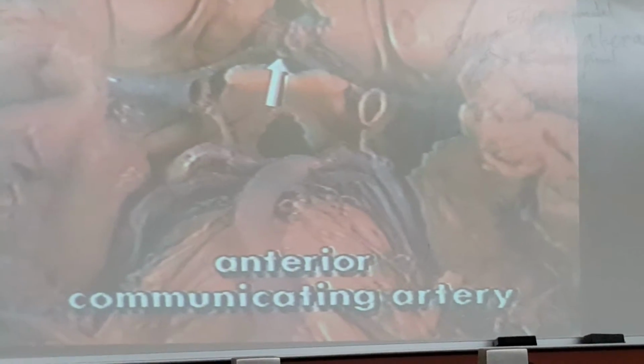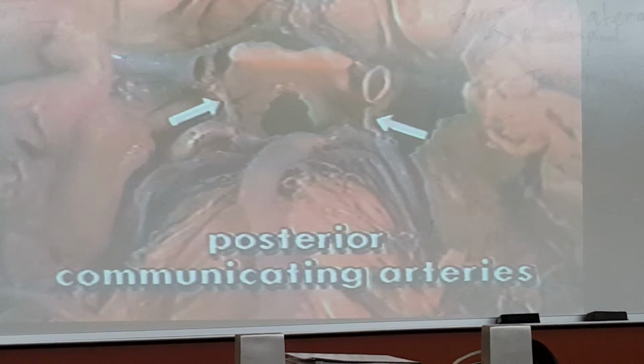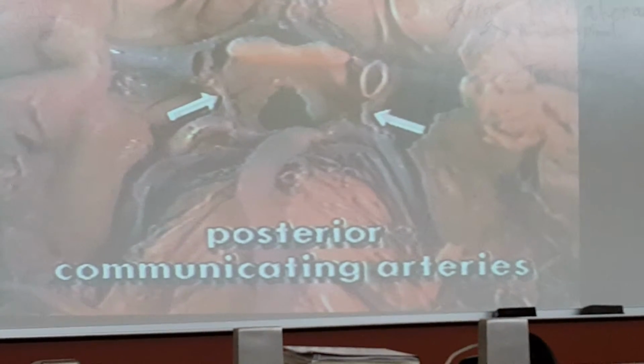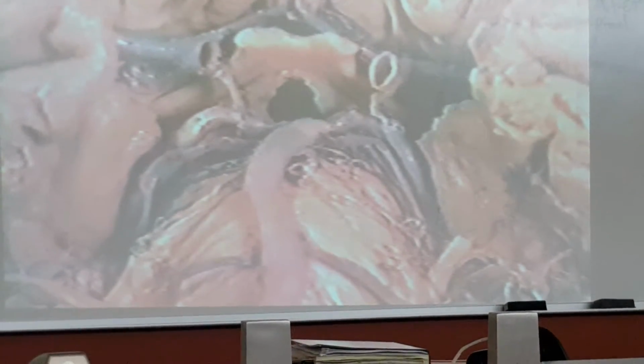These two vessels are connected by the small, delicate anterior communicating artery. The posterior communicating arteries, which join the middle cerebral and posterior cerebral arteries, complete the formation of the circle of Willis.